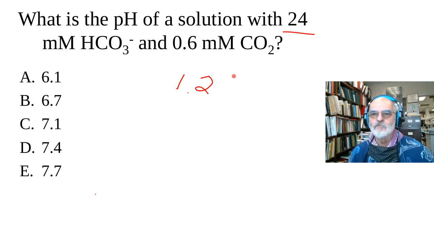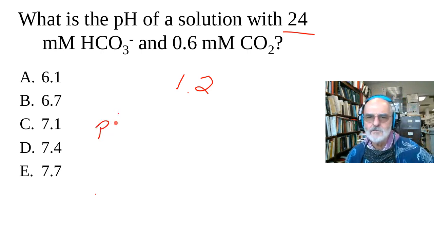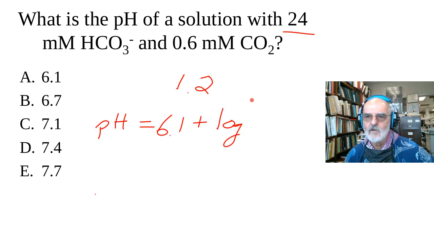Okay. So there are a couple of things that you need to think about when you're solving problems like this. We're going to just plug this into Henderson-Hasselbalch. We don't know what the pH is, but it's going to be 6.1 plus the log of 24 divided by 0.6.